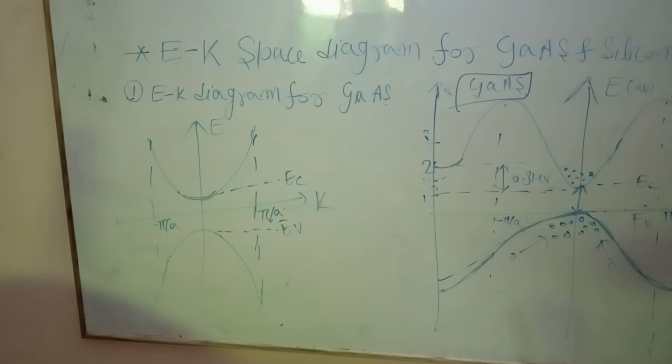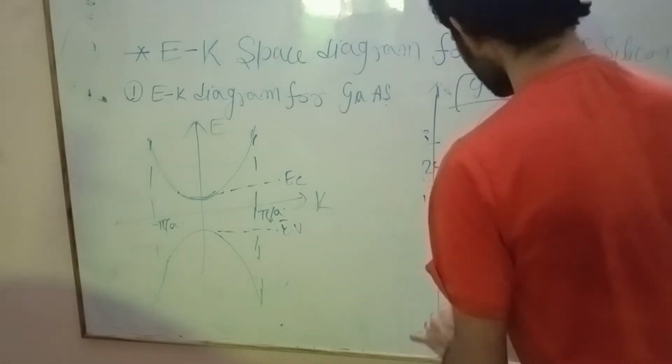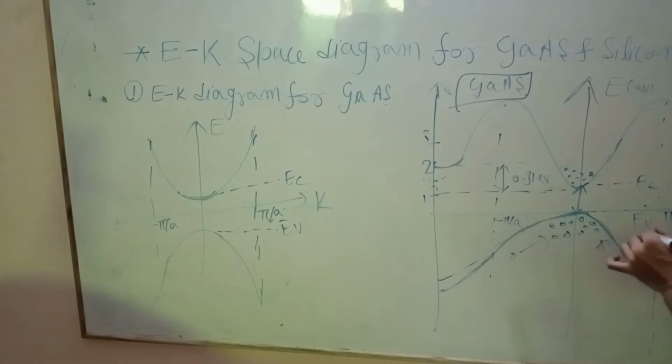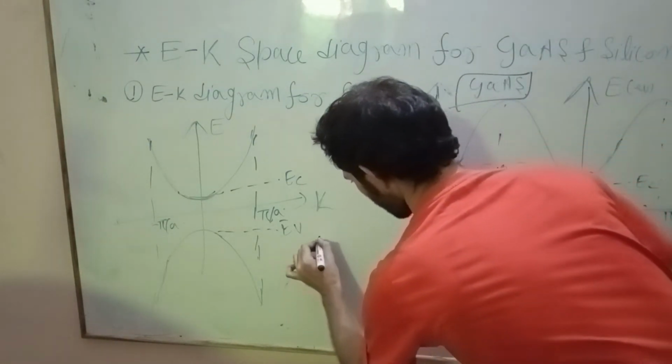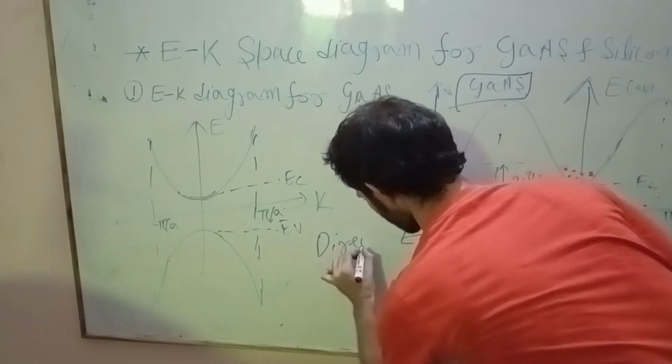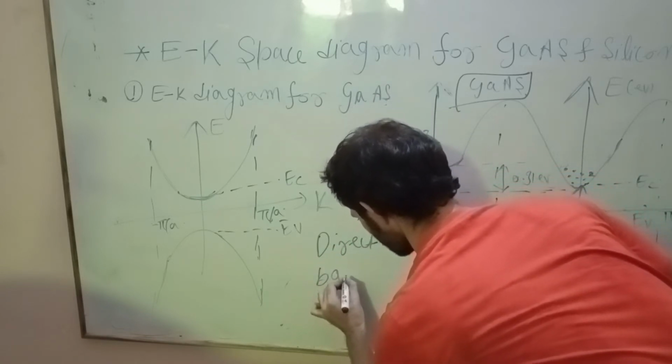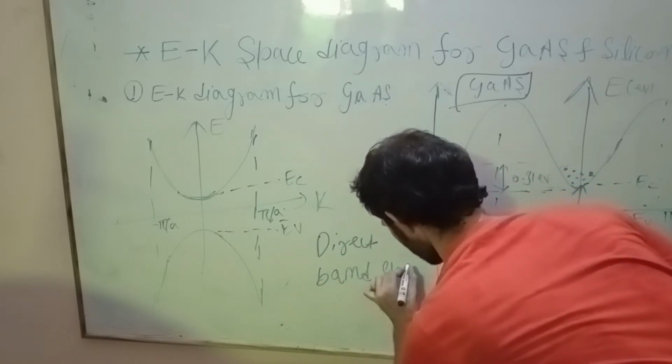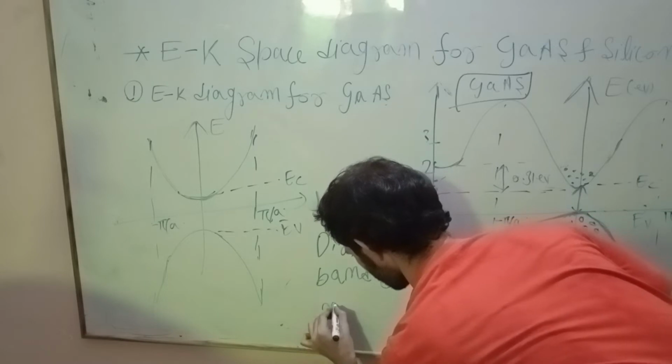Therefore, the material which has this direct nature is called a direct band gap material.